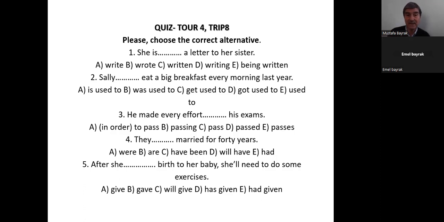After she gives birth to her baby, or present perfect is also possible. After she has given birth to her baby, there is the completion of the action. Yes, after she has given birth to her baby, she will need to do some exercises.